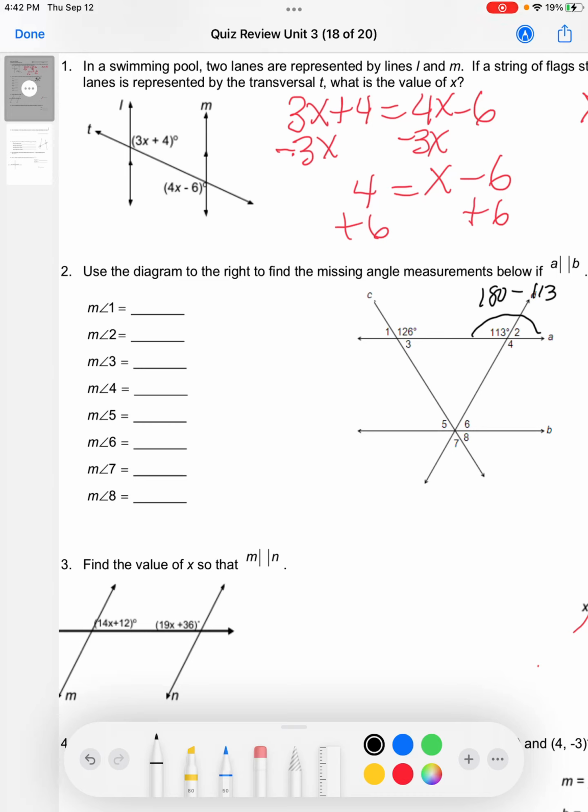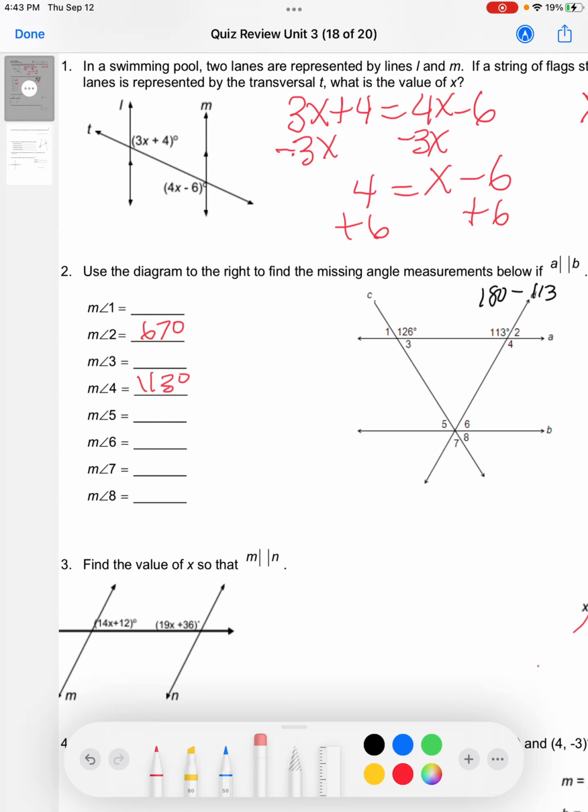So angle 2 is 67 degrees. Let me change colors for that. Angle 4 is 113 degrees because both of those angles are vertical angles.